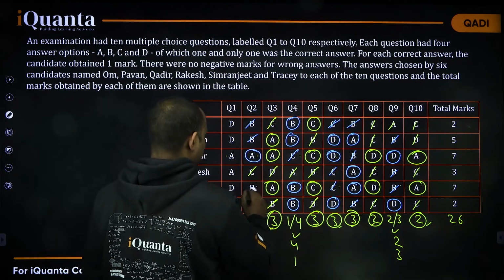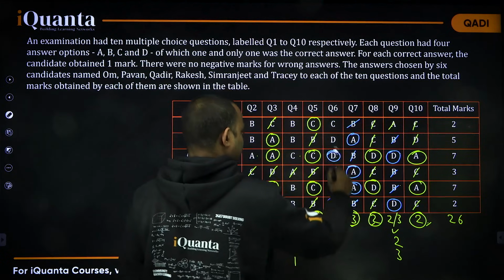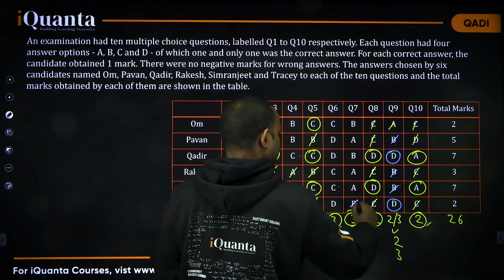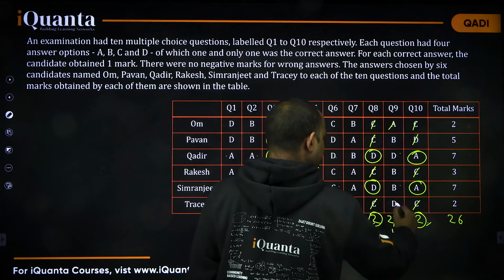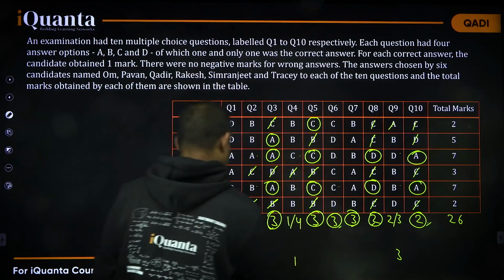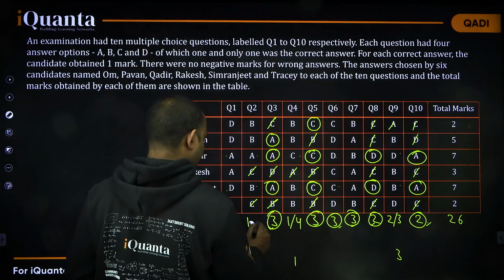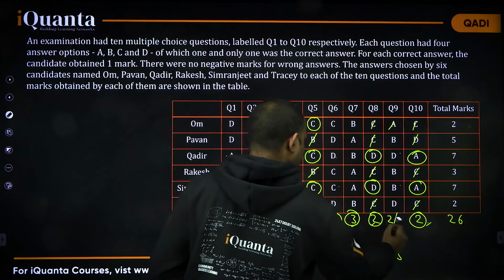We will have to check the next case, which is not this one, which is this one, right? Meaning here we have 3, 1 and 3.